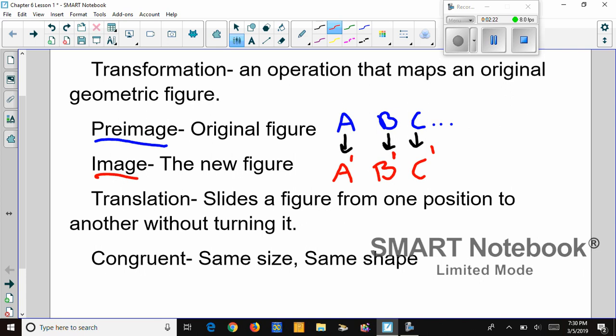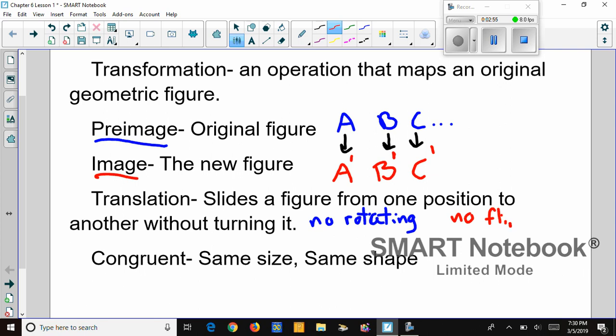We're going to start off with a translation. Now, a translation is when we slide a figure from one position to another without turning it. That means we will not rotate, so no rotating. We will not be flipping it, so no flipping.